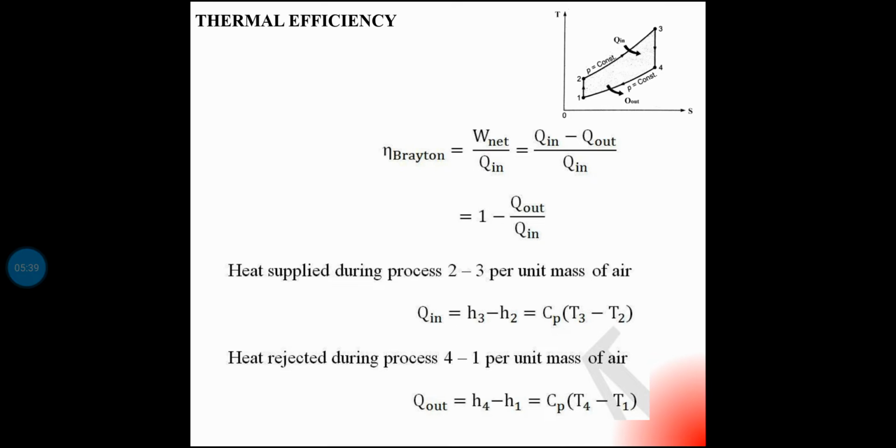Now heat rejected during the process 4-1 per unit mass of air, Q out is equal to h4 minus h1 is equal to Cp into T4 minus T1.